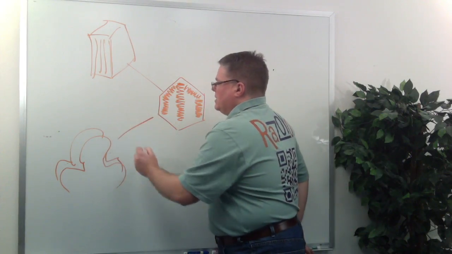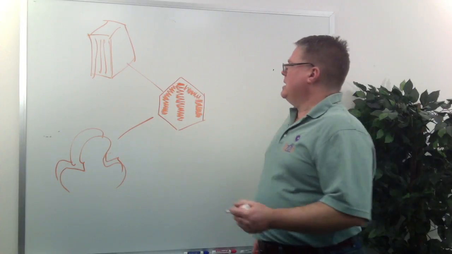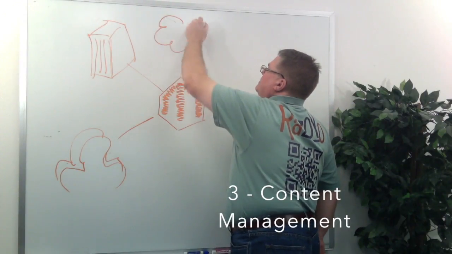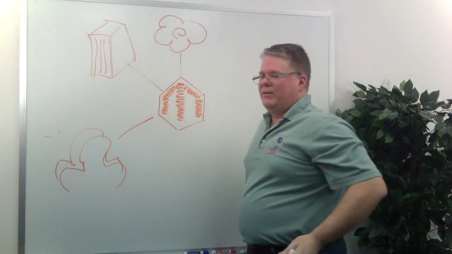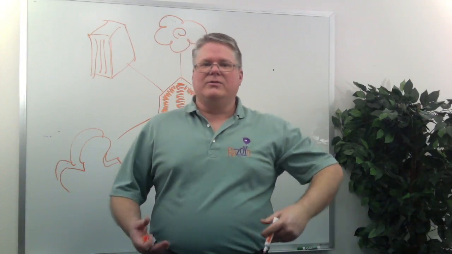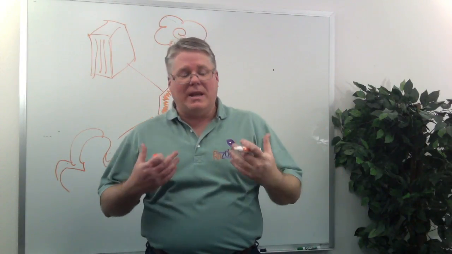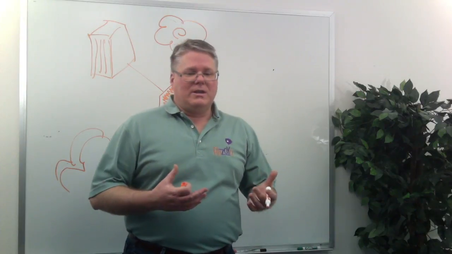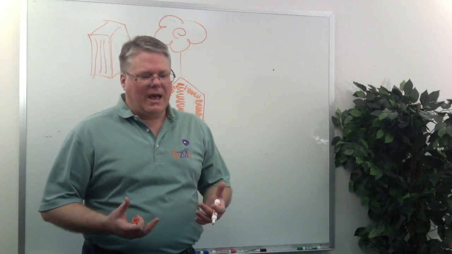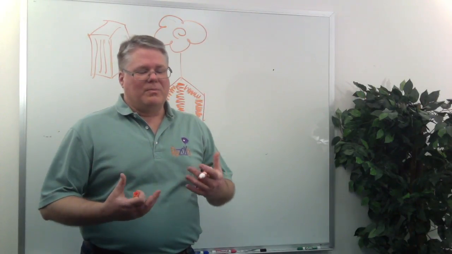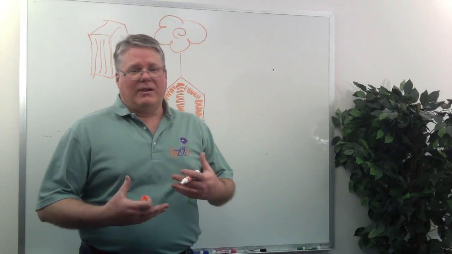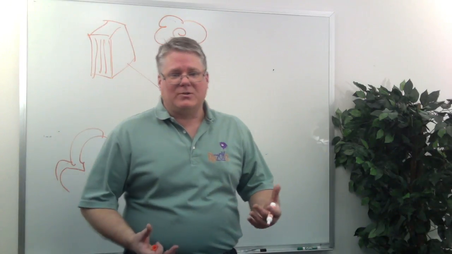The next key function in Magento is content management. So you may have different kinds of content, whether they're images, videos, HTML pages, explanations about the kind of work that you do or the kind of products that you have. Those are all important pieces of Magento, and they're in the Magento content management system.